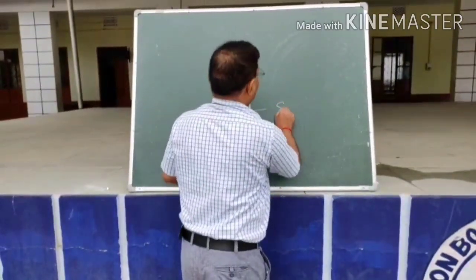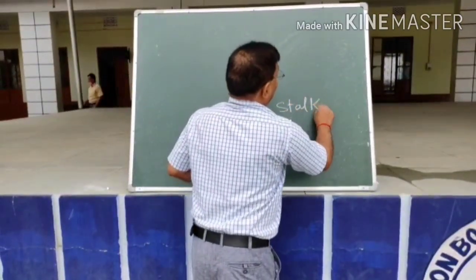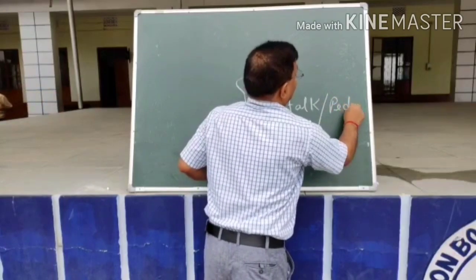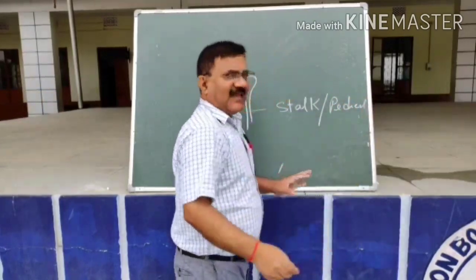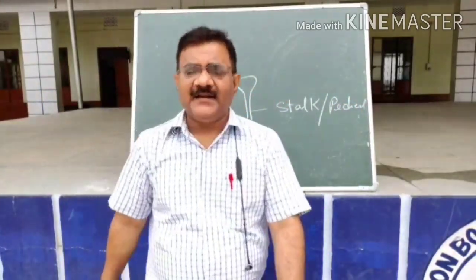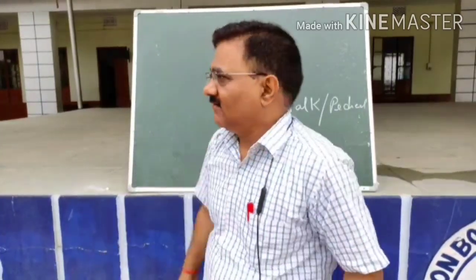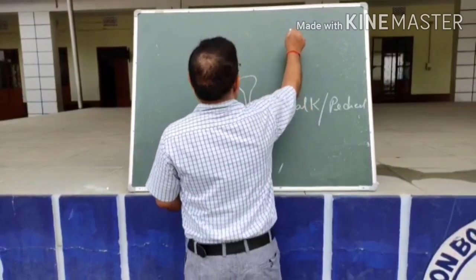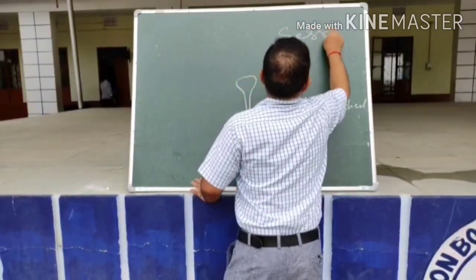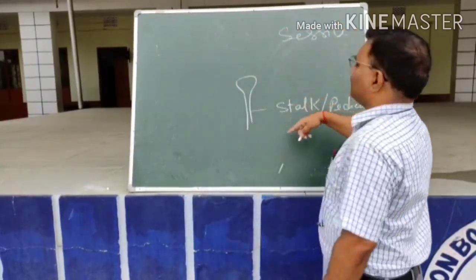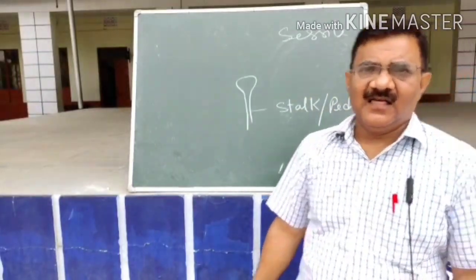What is it called? Stalk or pedicel. And if it is not present in a flower, then that flower is called sessile. What is that called? Sessile. It is not necessary that a stalk is present in each and every flower. If it is present, okay, all right. If not present, then it is called sessile.